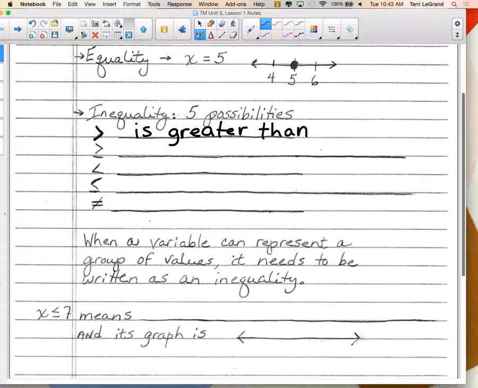Okay? Well, what happens when they have that same symbol and they include this little dash, this little line below it? What does that do to it? How does it change it? Cheyenne? Is greater than or equal to. Yeah, now we're talking about is greater than. That takes care of the V on its side.